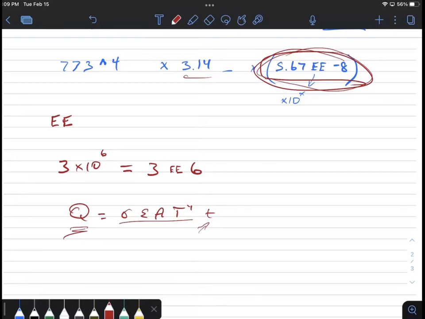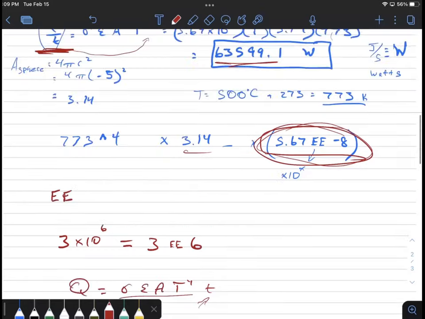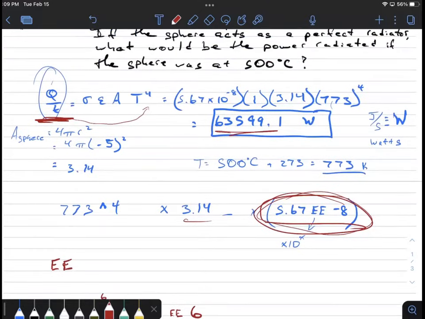So just know that although this main equation is an equation for power, you can manipulate it just like all your equations to solve for something else. So maybe I ask you, what's the power radiated by the sun and how much energy will it radiate in 1 day? Well, calculate the power. Once you know that, that's Q over T. Move the T over to solve for Q.